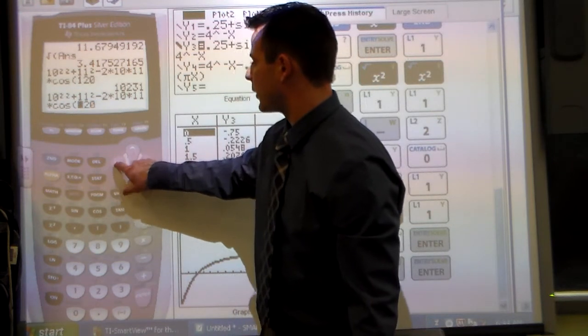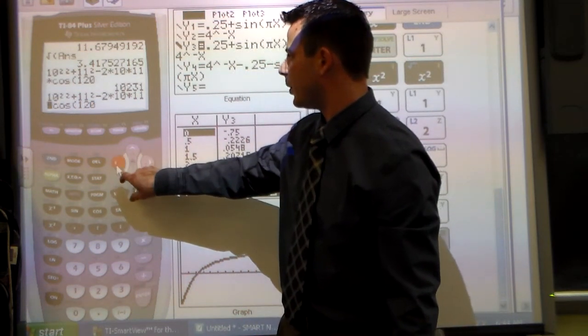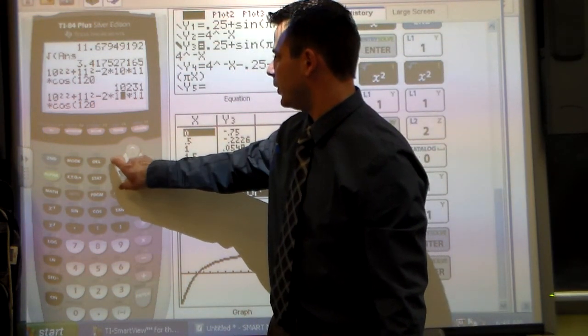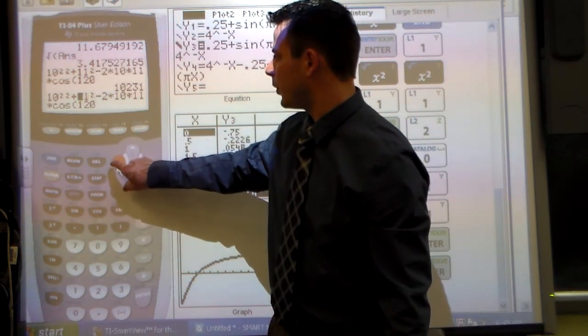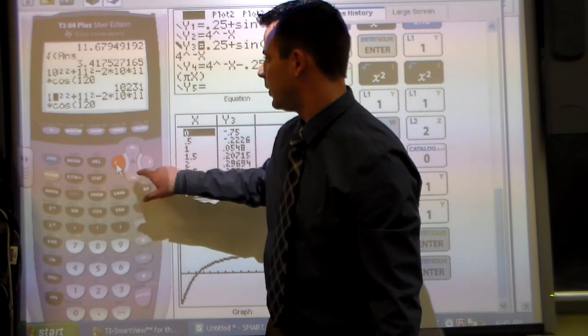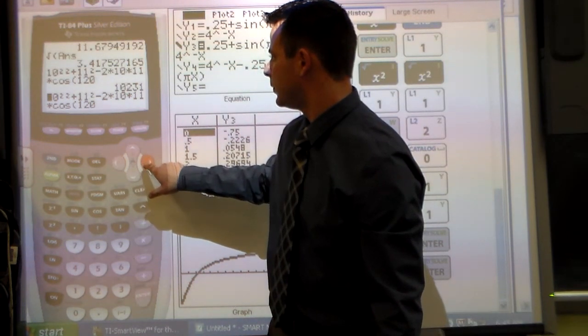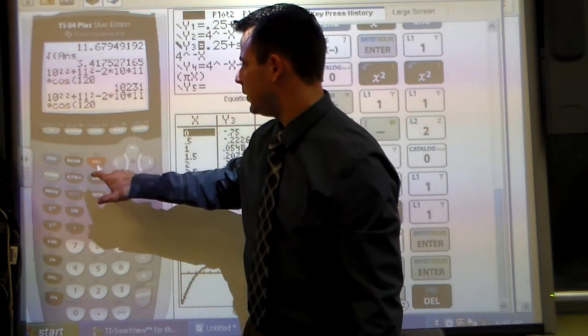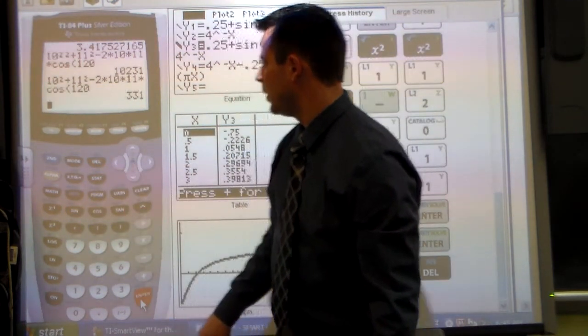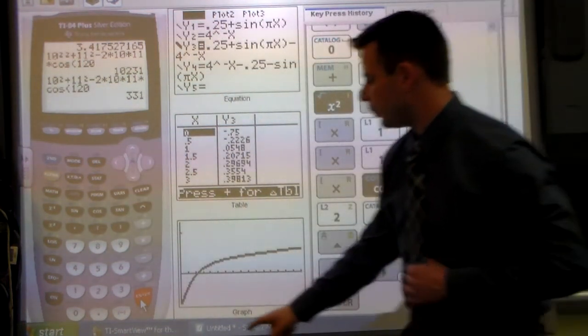Don't forget, this is what x squared equals. I just had a double squared in here, so let me delete it out and evaluate one more time. Delete, enter. All right, so we have x squared equals 331.